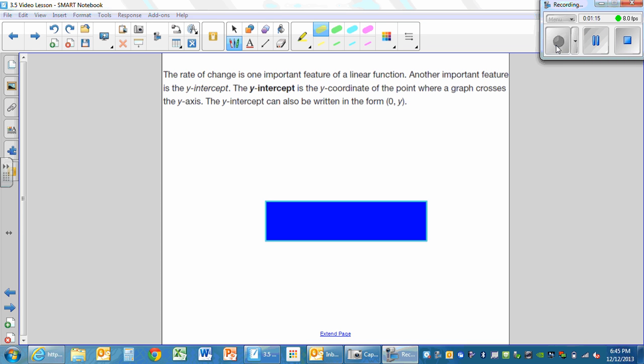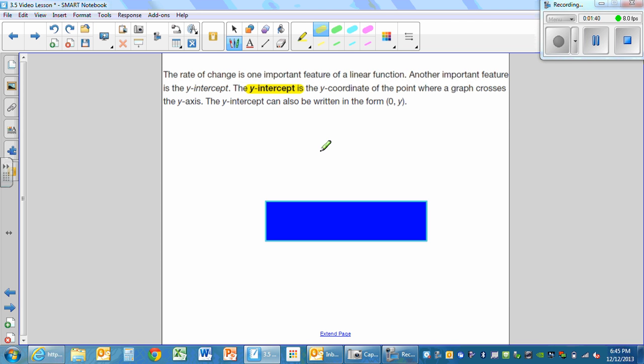After number 2, your book says the rate of change is one important feature of a linear function. A linear function, if you don't know, is basically just what you had graphed on page 187, a line graphed on a graph. Another important feature is the y-intercept. The y-intercept is the y-coordinate of the point where the graph crosses the y-axis.